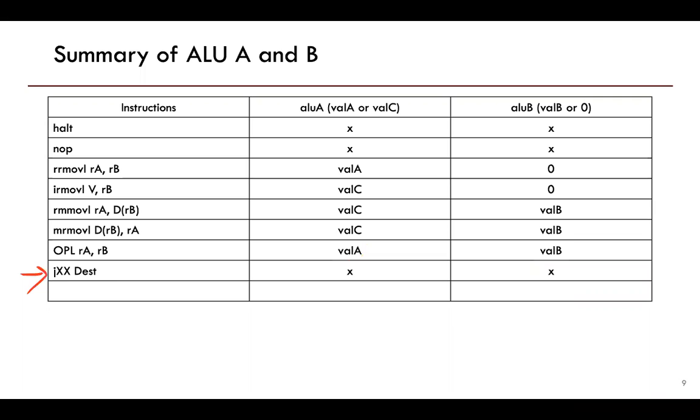This instruction jumps to the target destination, which is the address of a certain instruction, depending on the condition code, right? So this jump instruction does not do anything with the ALU, okay? So I didn't define ALU A and ALU B. Let me give you something more for the X case.